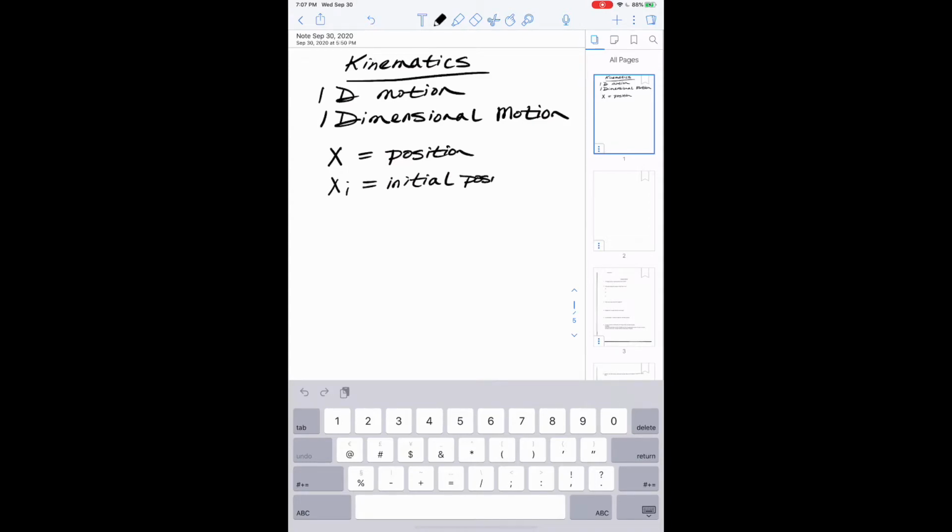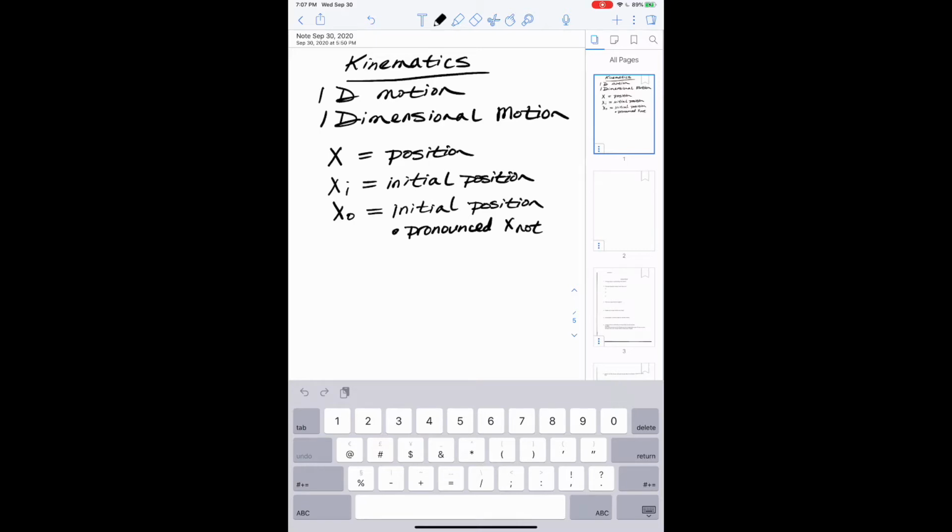And I mentioned that sometimes we like to use the variable, this is a subscript where I'm writing the i or that 0, and this is also initial position. And we pronounce that x naught.